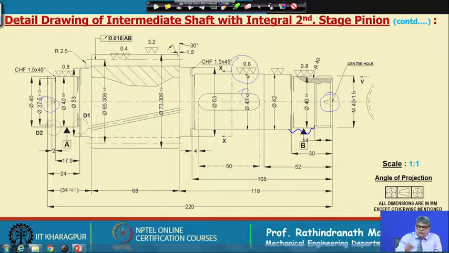Either you can put it in this way, or alternatively there is another way that you can put something like this and 0.8 everywhere. For example, here where the bearing is coming 0.8, here nothing is coming. So, double dot means it is 3.2, as you see here.